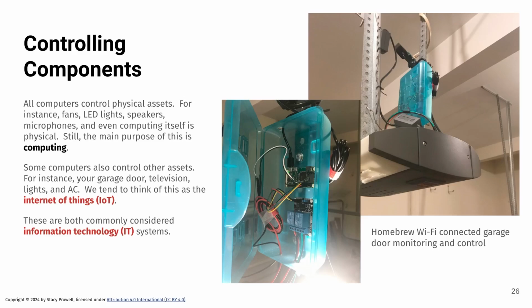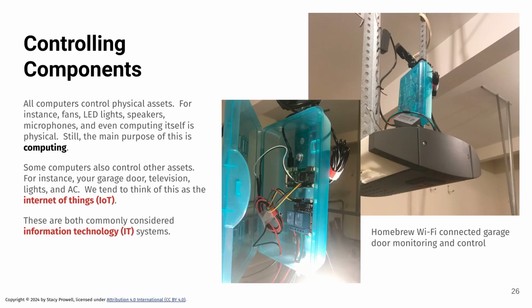So over here on the right, that blue box is a pencil case, which is mounted on one of the support rails for a garage door opener. And it contains a couple of things. You can sort of see in the picture, this little guy right here, that's a Raspberry Pi Zero, probably way overbuilt for this particular purpose.